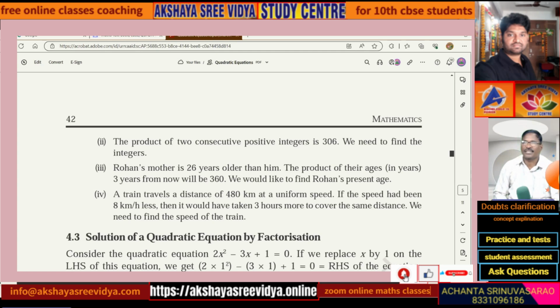If the speed had been 8 kilometers per hour less, then it would have taken 3 hours more to cover the same distance. We need to find the speed of the train.